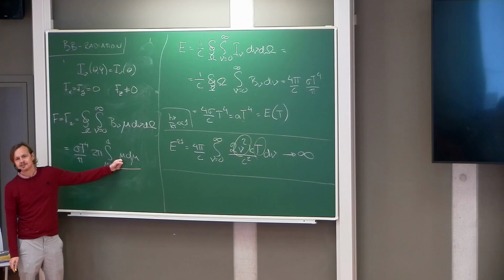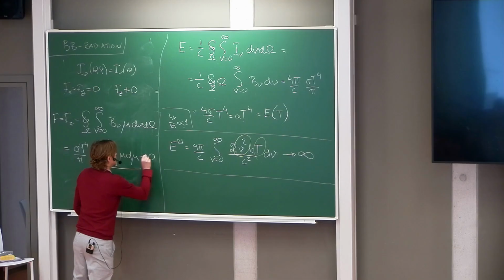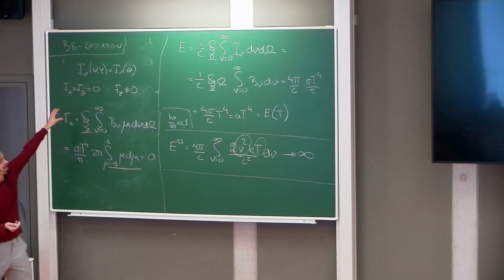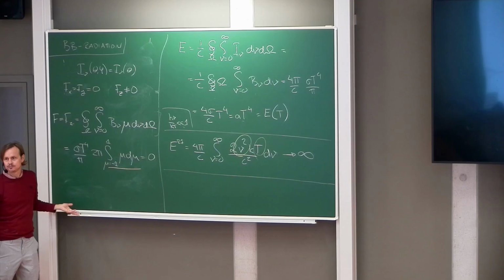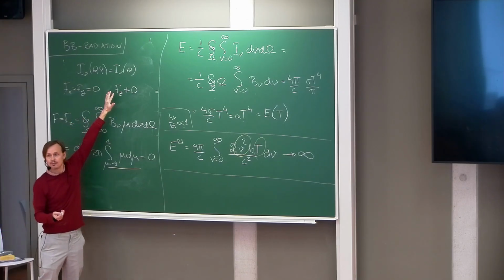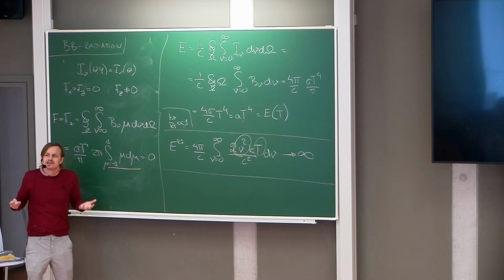We have an odd integrand on an even interval, which is just 0 always. So indeed, we already sort of knew this, but the flux from a black body, isotropic radiation field, is 0. Indeed, when the radiation field is isotropic, we showed that the flux, per definition, must be 0.